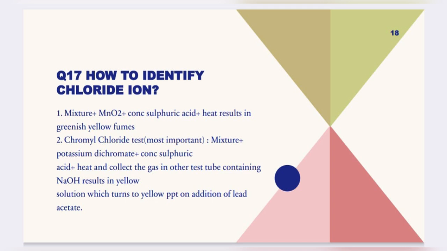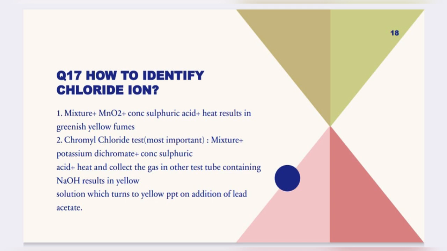Now when the gas comes in contact with NaOH, it results in a yellow solution. To this yellow solution, when I add lead acetate, it gets converted into a yellow precipitate. This, my dear friends, is the indication of not only the presence but also the confirmation of chloride ion, Cl minus.